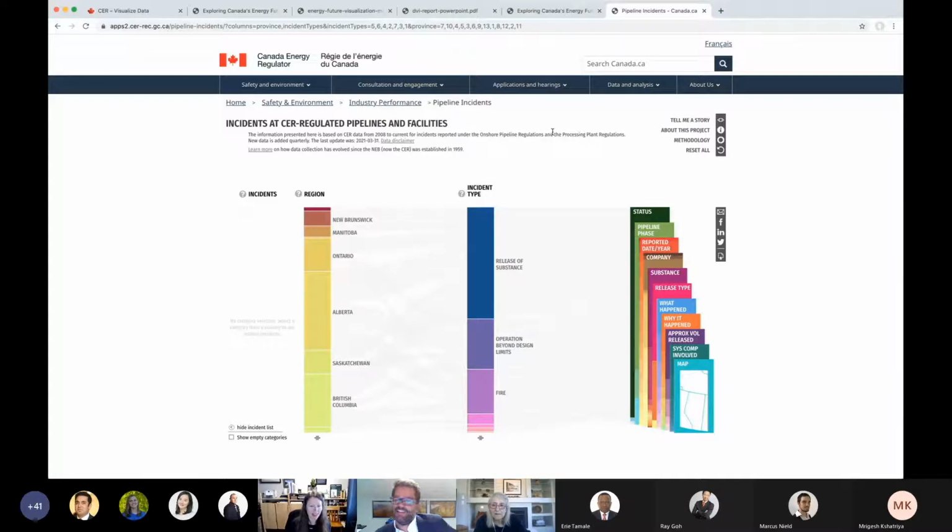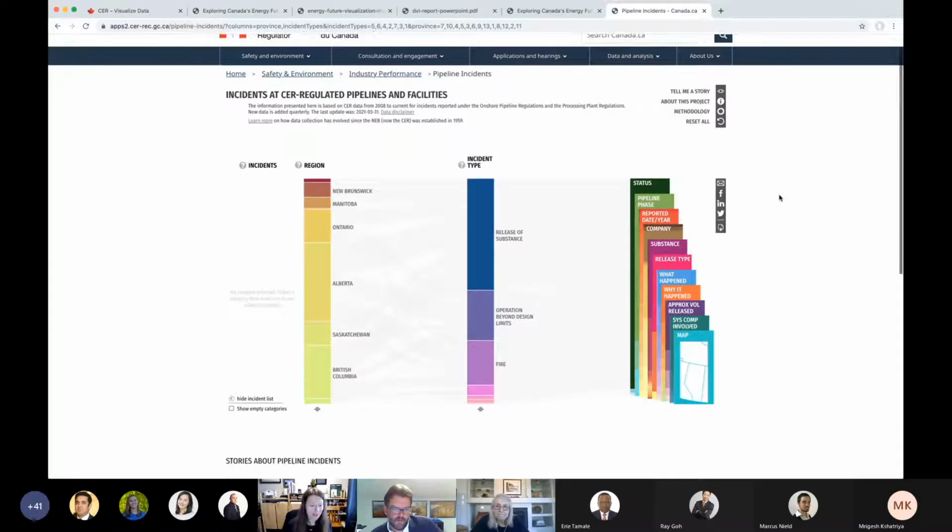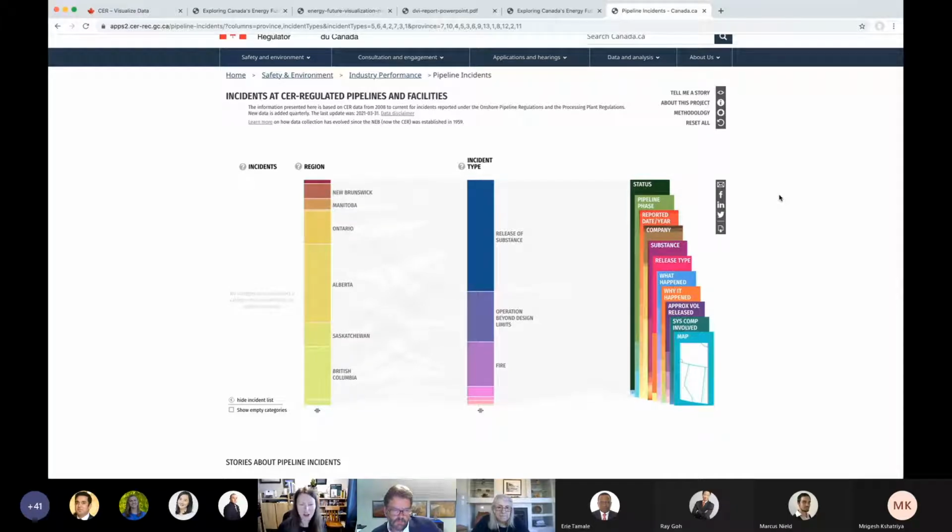Well, I thought we'd start with this visualization of pipelines or incidents at pipelines and facilities. Can everyone see this? It's showing up, right? Yeah, so this is the aforementioned visualization that started as 100 columns, and we just picked out a handful.